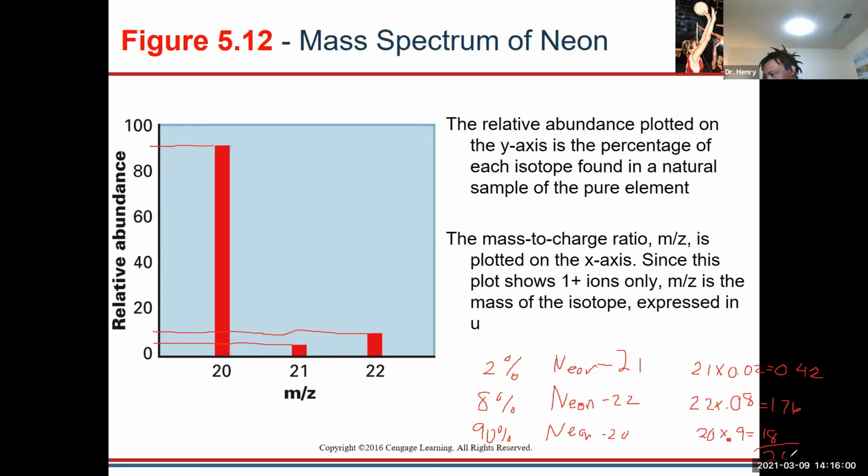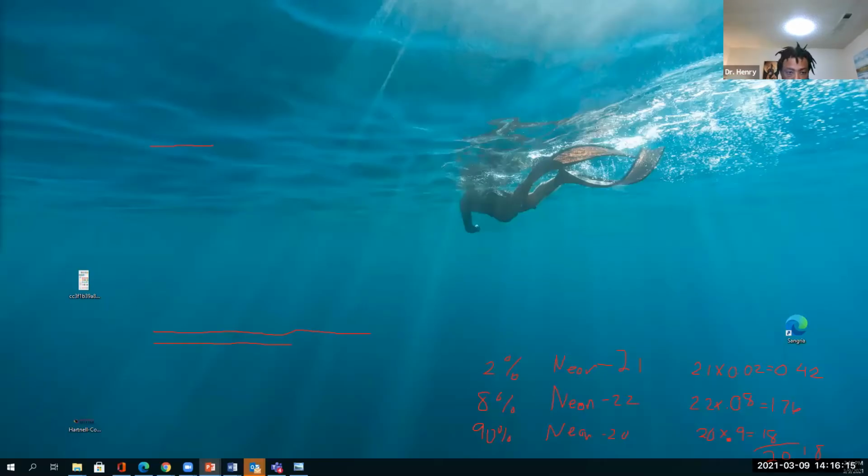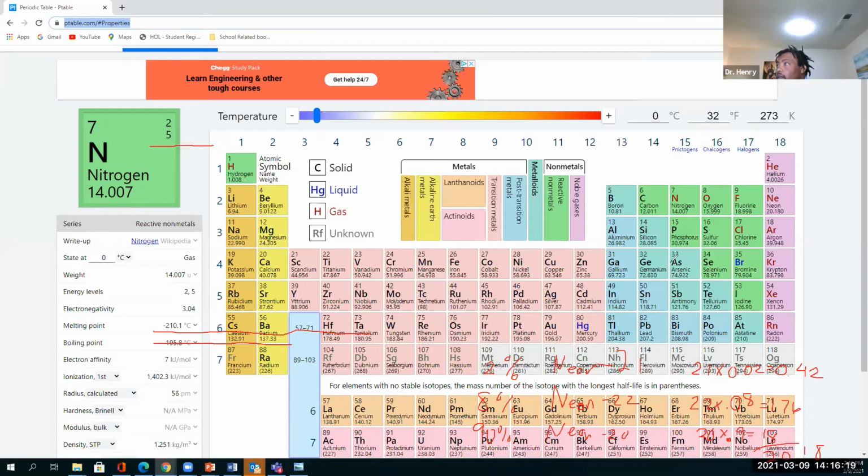If you look on the periodic table, neon, look at that, 20.18.